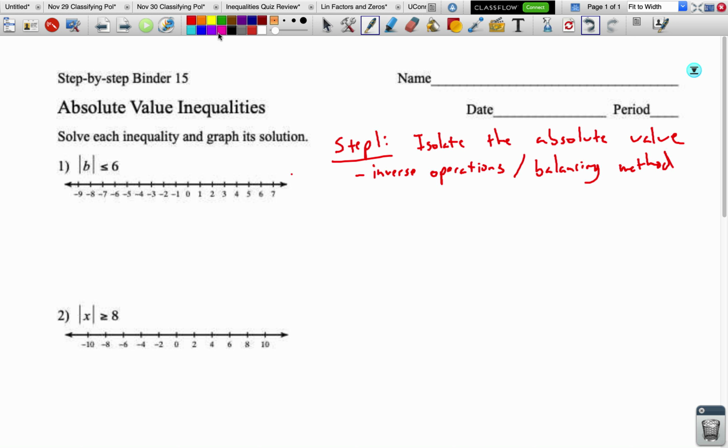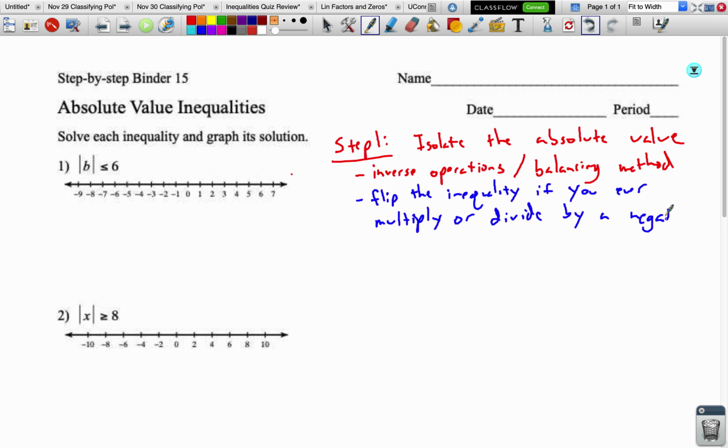All right, and this will come into play several times, but you need to remember to flip the inequality if you ever multiply or divide by a negative. So that rule still applies.